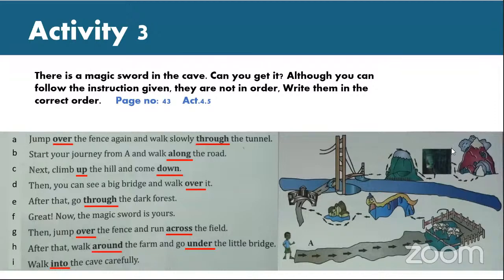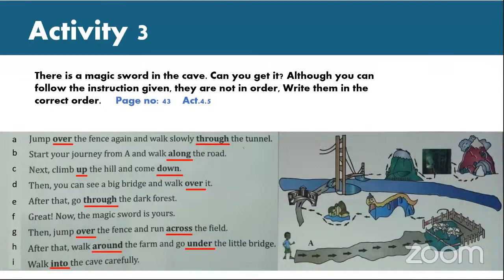Quickly write. Good. We'll discuss. First you put numbers.